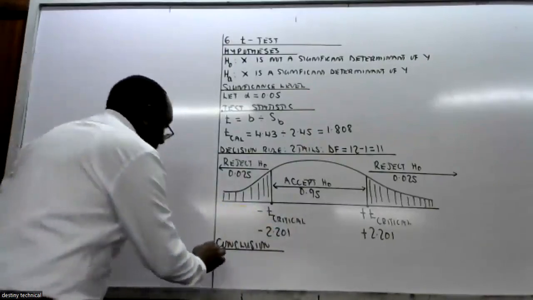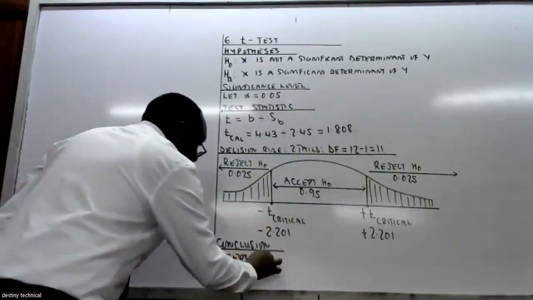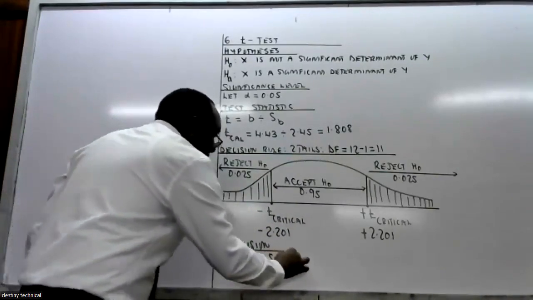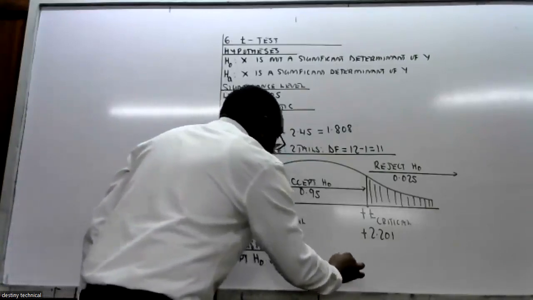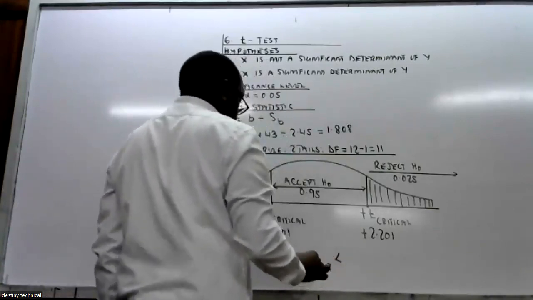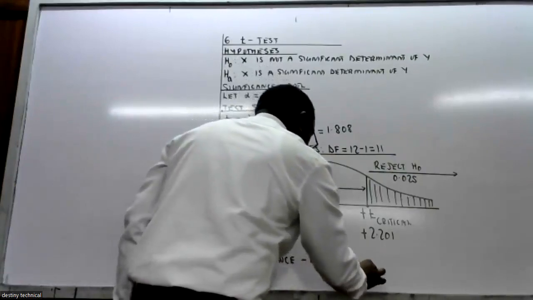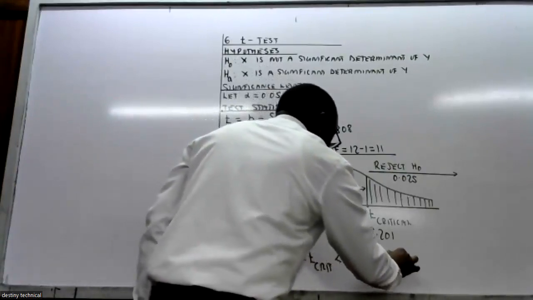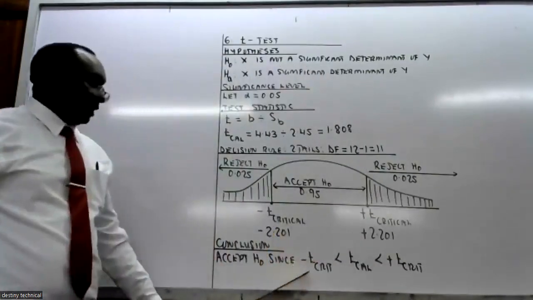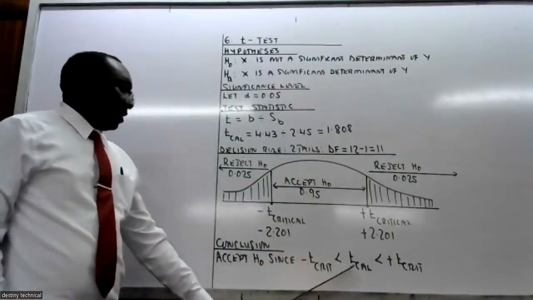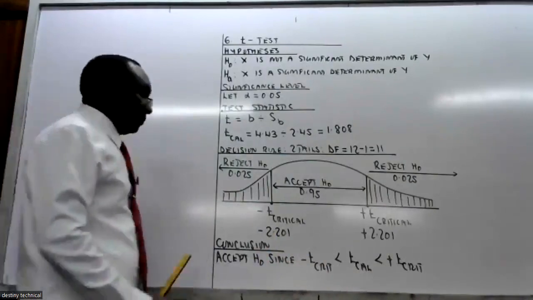So that means we will accept the null hypothesis since minus T critical is less than T calculated, which is less than positive T critical.